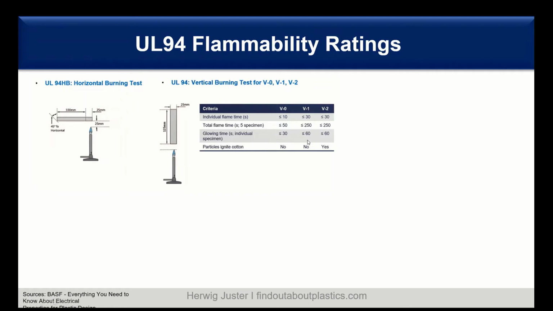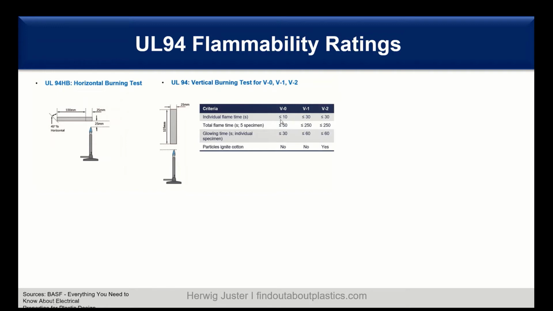So here now is explained the test setup. For the HB horizontal burning, you see here the specimen positioned horizontally, and then the Bunsen burner starts burning it. Whereas with the vertical burning test for estimating V0, V1, V2, it is right above the Bunsen burner.